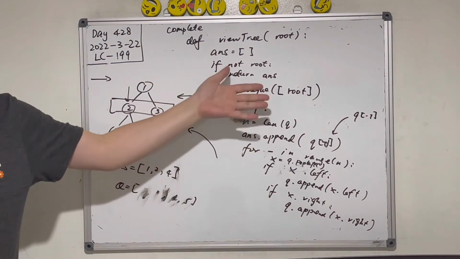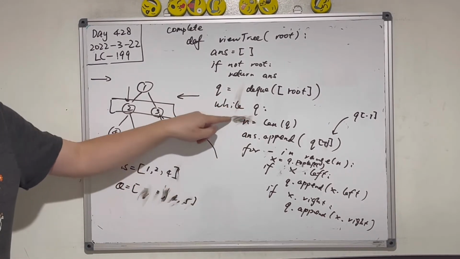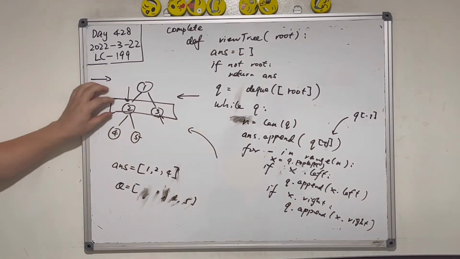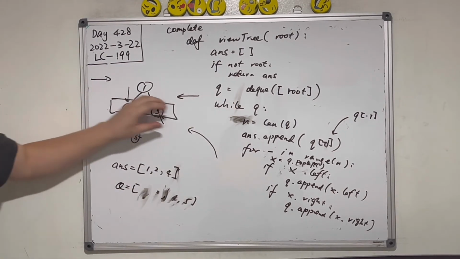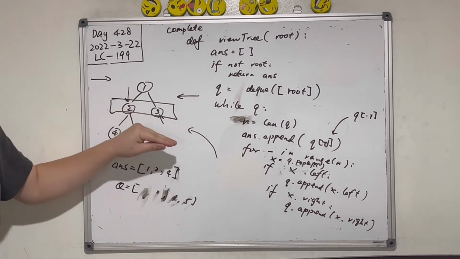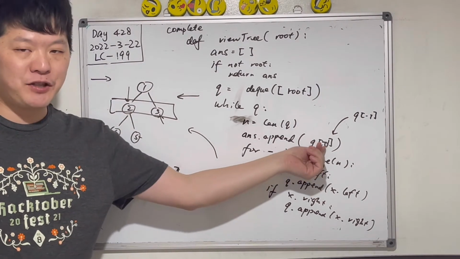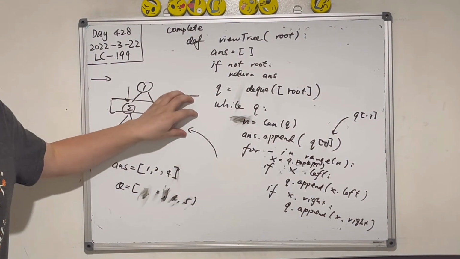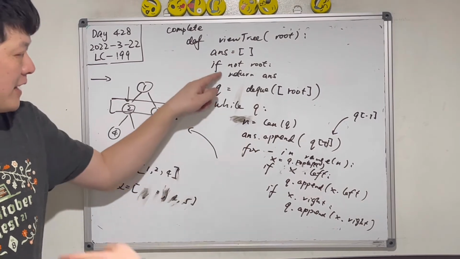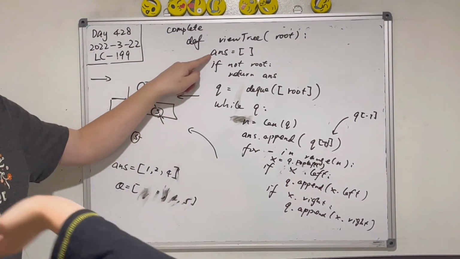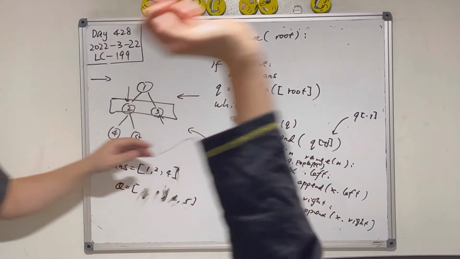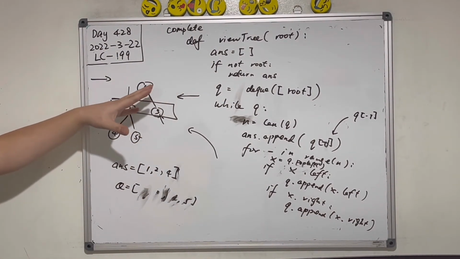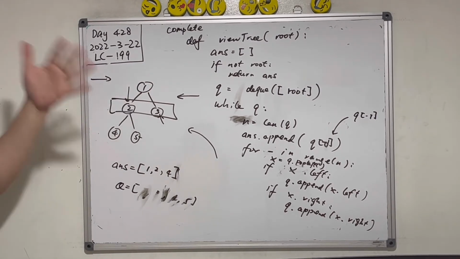This is just a very standard breadth first search. Now n equals the length of Q. N is the number of the nodes in the next layer. So we can append either the leftmost or the rightmost kid to the view, to the answer. Then every time we dequeue, we take all the kids of the same level, pop them out, and then push their kids back to the queue.